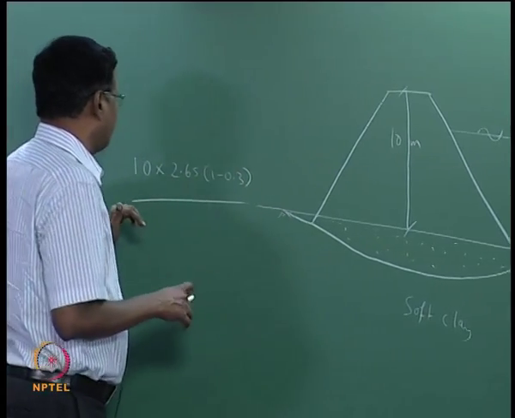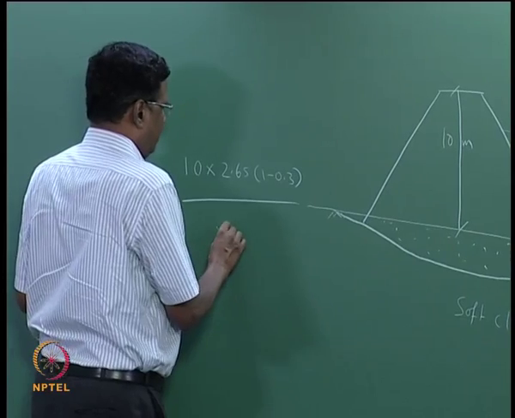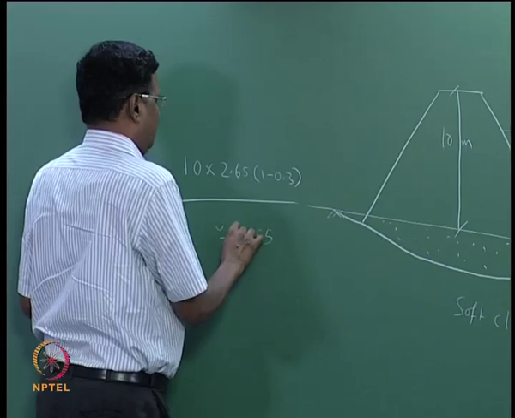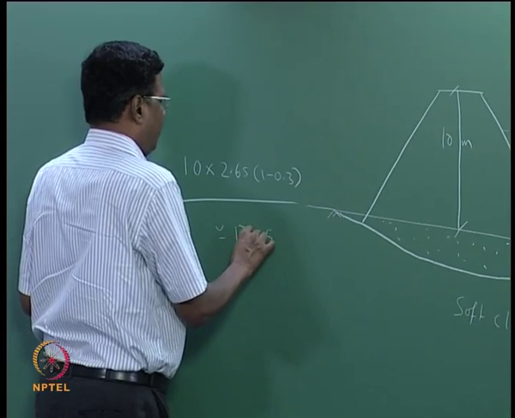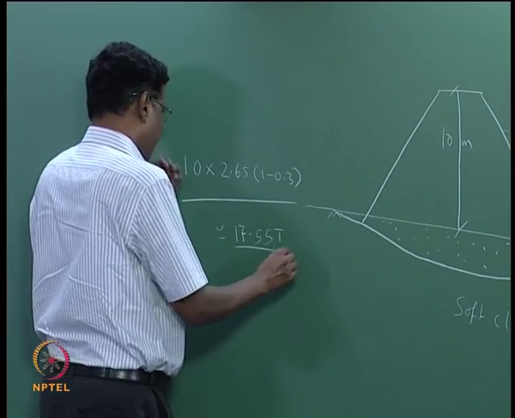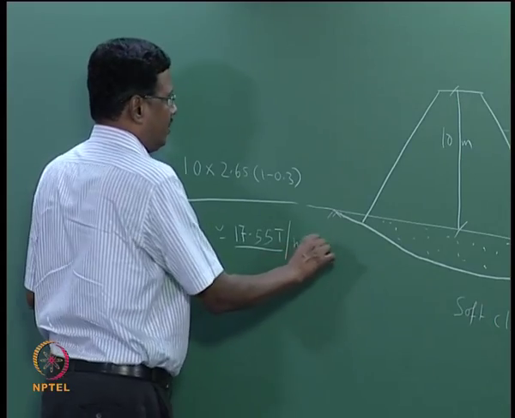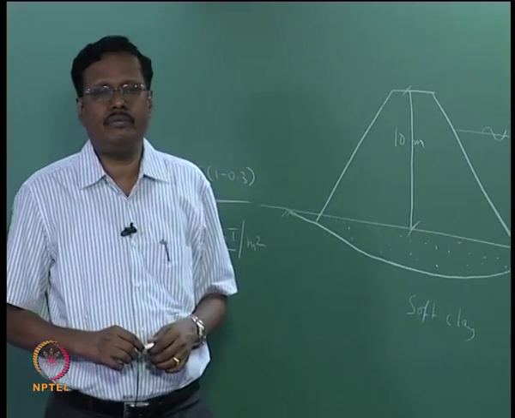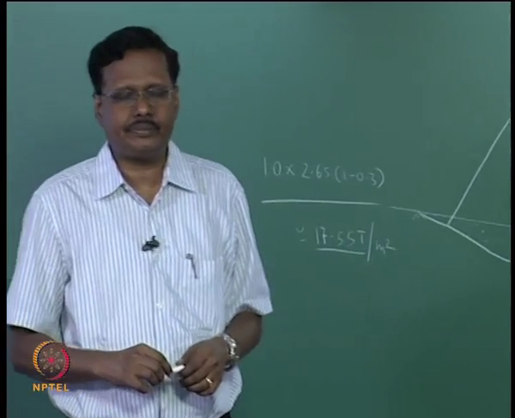So the weight will be approximately, if you calculate, 17.55 tons per meter square. So about 10 meter height will give you a value of 17.55 tons per meter square.